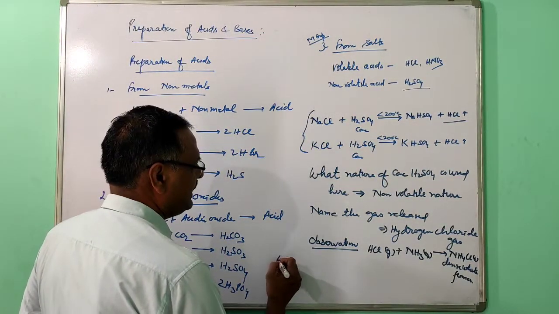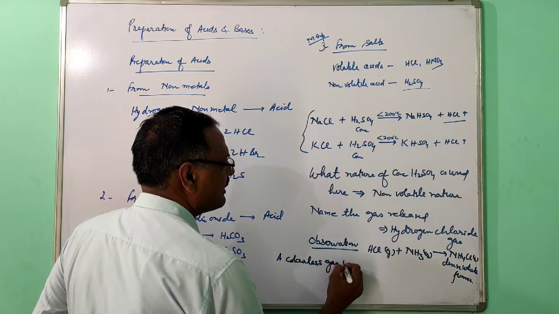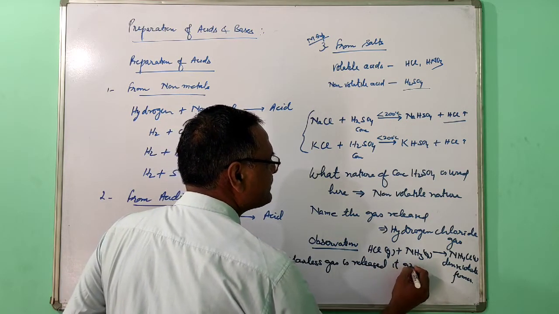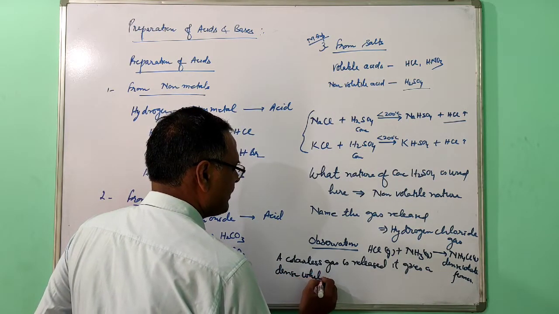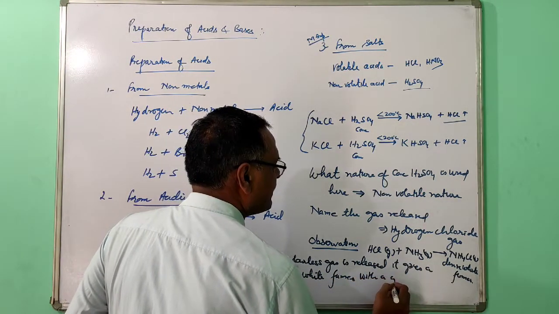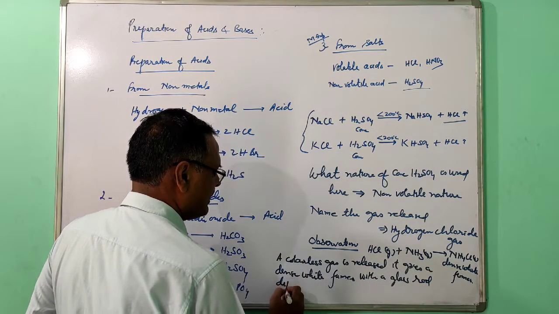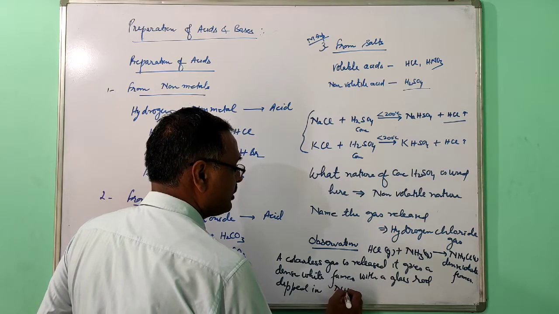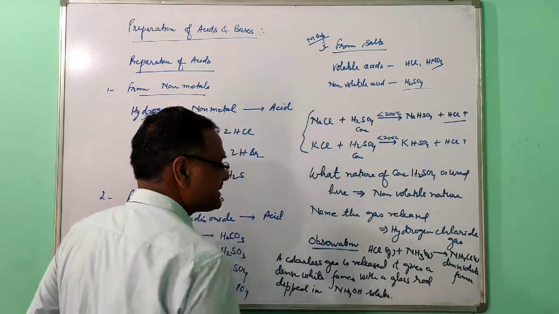Observation: a colorless gas is released, it gives a dense white fume with a glass rod dipped in ammonium hydroxide solution. This is very common testing in a test tube.